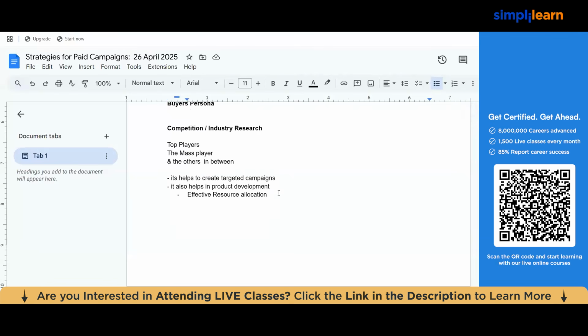So you can allocate the resources more smartly. You are not burning all your money on one product or one platform, or spreading it across 10 products, but you can define accordingly that this platform, this target audience, this product fits better, and to achieve x amount of reach, or x amount of conversion, or x amount of impressions, x plus y is the amount of money that I need to spend.